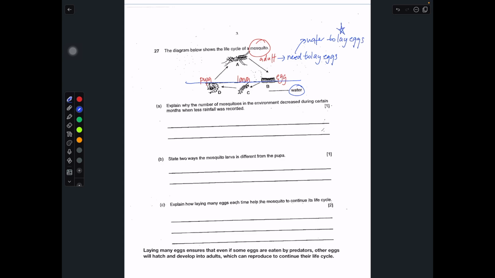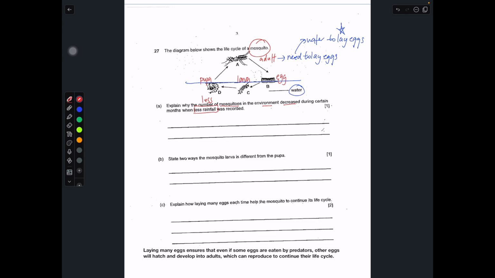Explain why the number of mosquitoes in the environment decreases. Why are there fewer mosquitoes during certain months when there's less rainfall? So you have to think, less rainfall means what? Less rainfall means less water. If there's less water, there are fewer places for the mosquito to lay eggs. So if there are fewer eggs, then fewer eggs will hatch into adults.